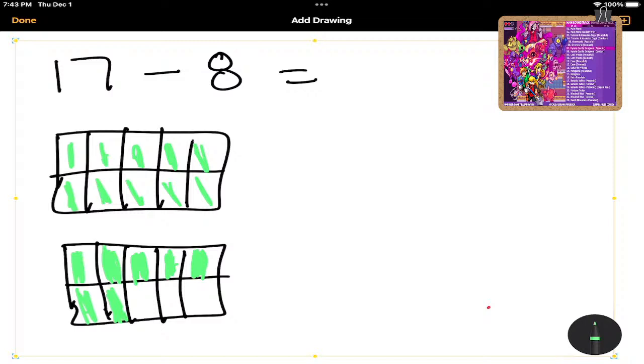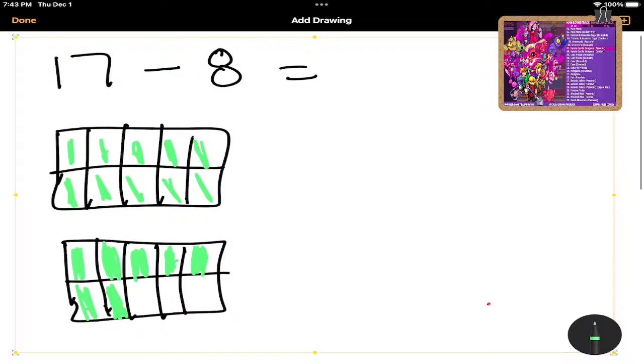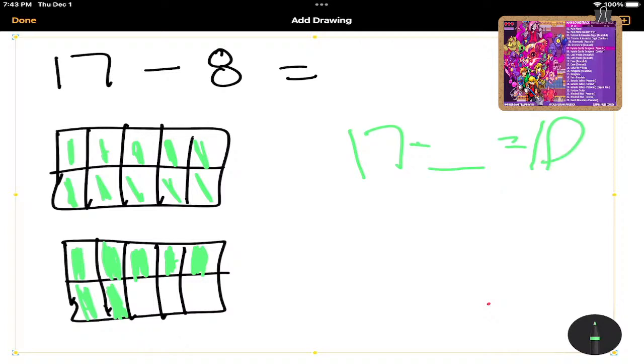Okay, so what's the first equation? What do we have to do? Is that a 17? Okay, so how are we gonna do it?